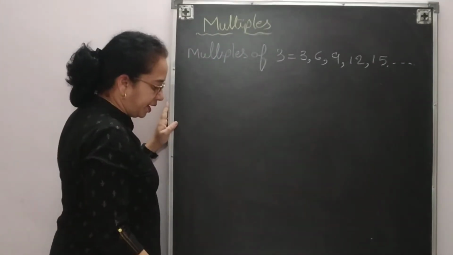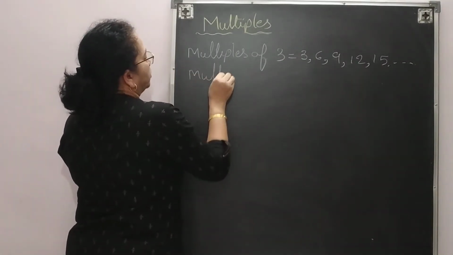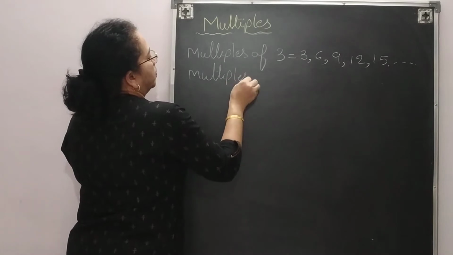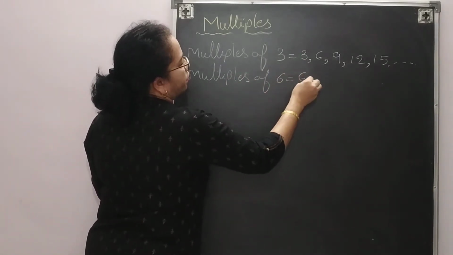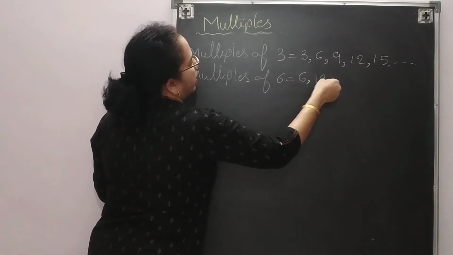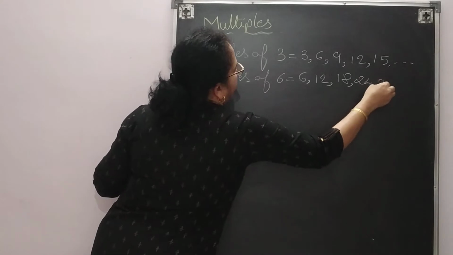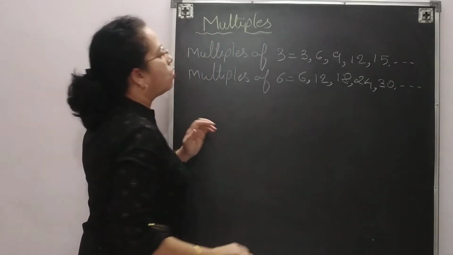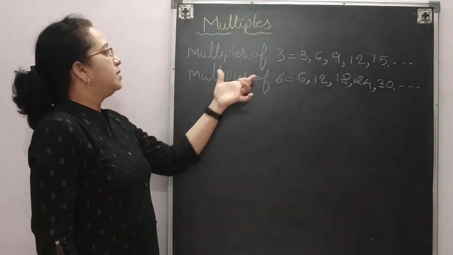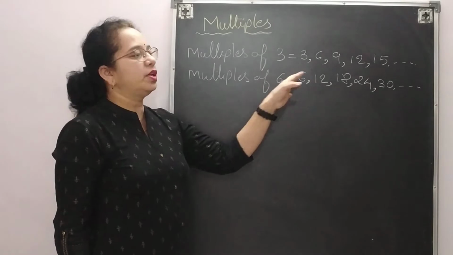Suppose I want to write down here multiples of 6. So 6 1s are 6, 6 2s are 12, 6 3s are 18, 6 4s are 24, 6 5s are 30 and so on. So all these are called multiples. That means simply we are writing multiples of 3, multiples of 6.